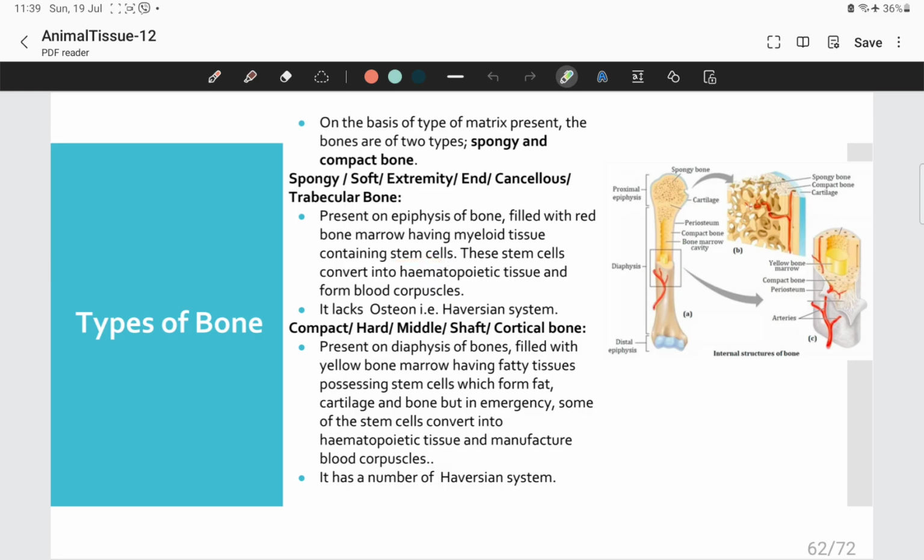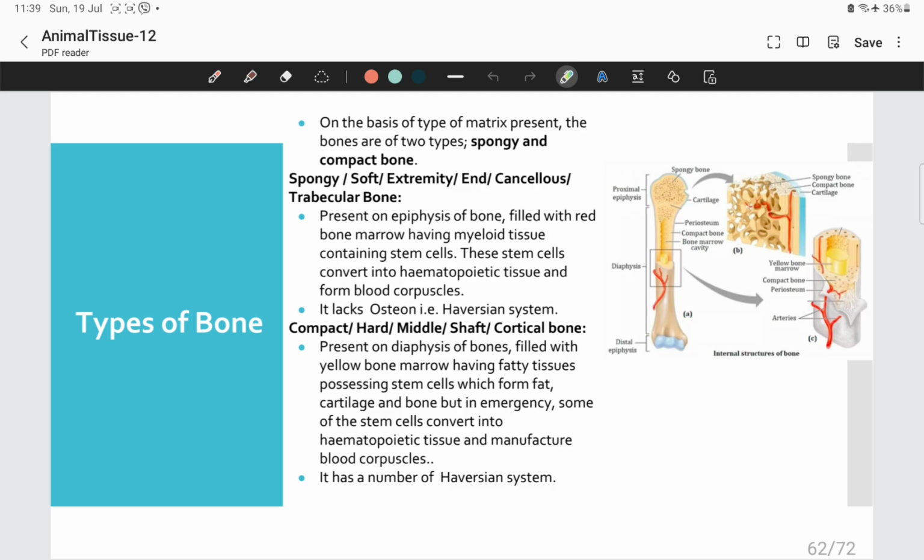Such stem cells can convert into hematopoietic tissue and form blood corpuscles. Red bone marrow is responsible for producing blood cells because it consists of myeloid tissue with stem cells, and these cells produce blood corpuscles.